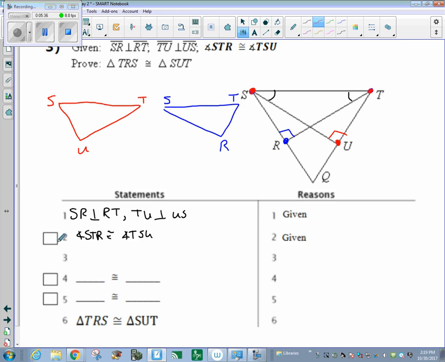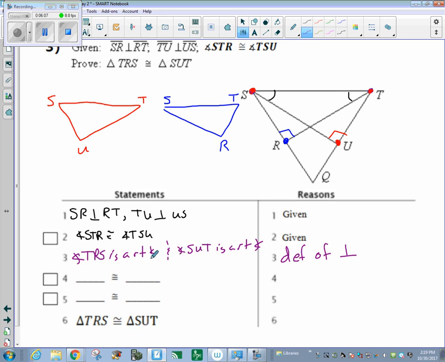So in this case, we'll be able to say that we have right angles, and so we'll be able to say that angle TRS is a right angle, and angle SUT is a right angle. And this is by definition of perpendicular.